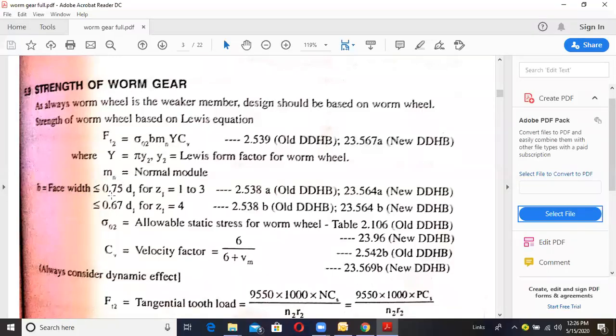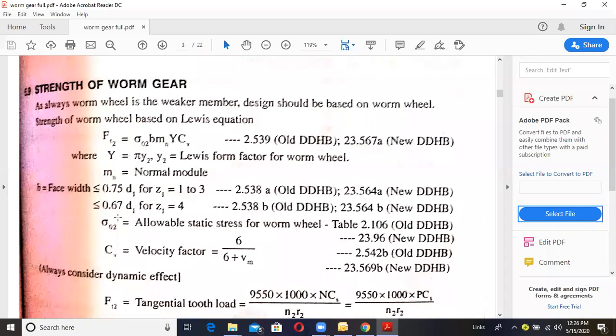See, B is less than 0.715D if Z1 is equal to 1 to 3, and B is less than 0.67D if Z1 is equal to 4. So you will calculate Z1 first. Based upon the value of Z1, you are going to take one of these two formulas.